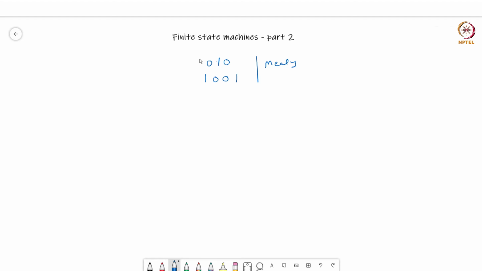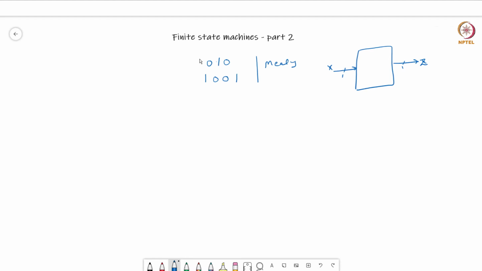Like our previous question, the input is a single bit X and output is also a single bit Z. This input is being given as a serial input. As soon as the sequence is 0 1 0, we should get Z as output 1, and if the previous inputs are 1 0 0 1, then the output should result in 1. Otherwise my output should be 0.